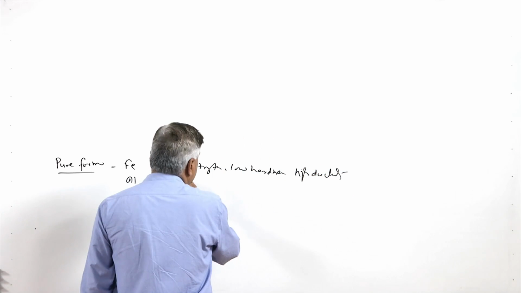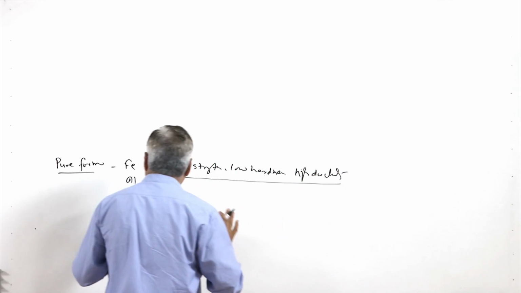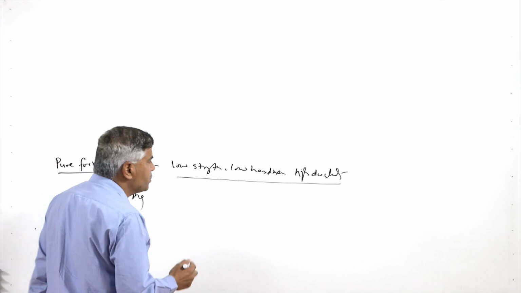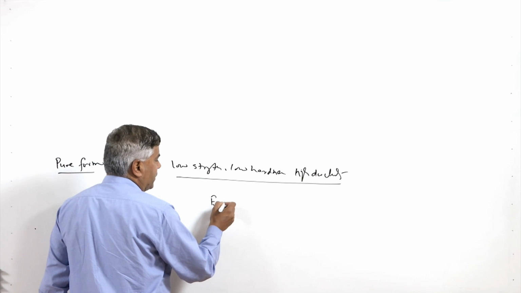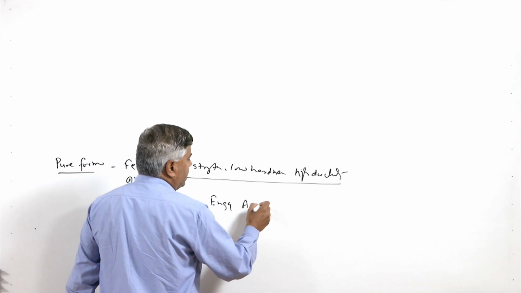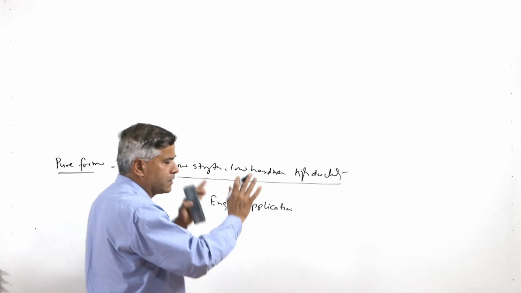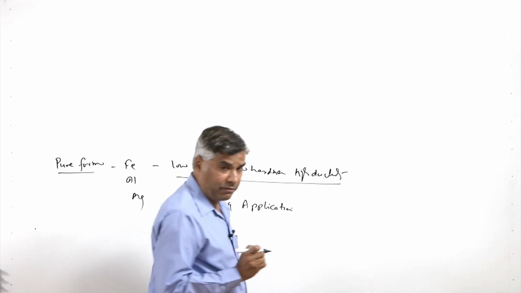Because of the limited load carrying capacity of metals in pure form, they become of limited use for engineering applications, because what we want is not just good strength and hardness, but also a combination of good ductility and toughness.